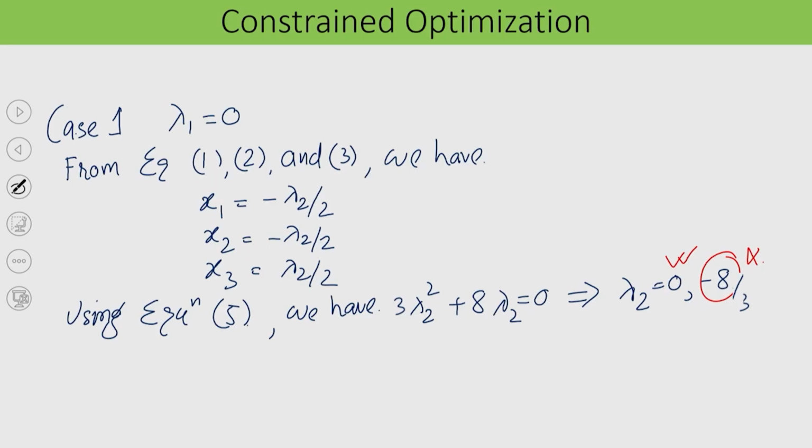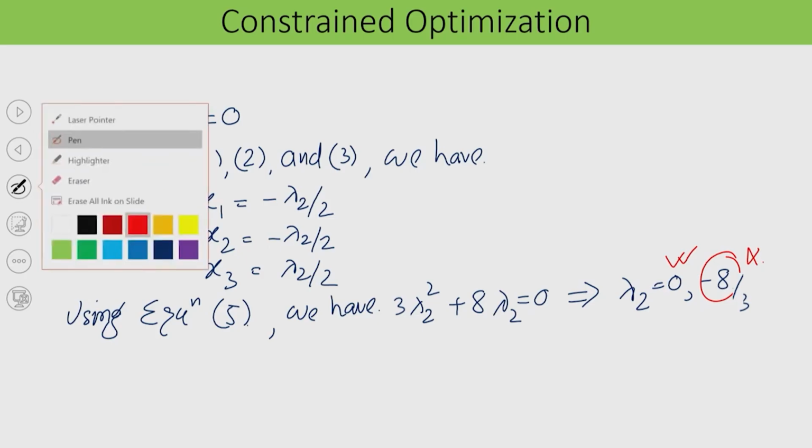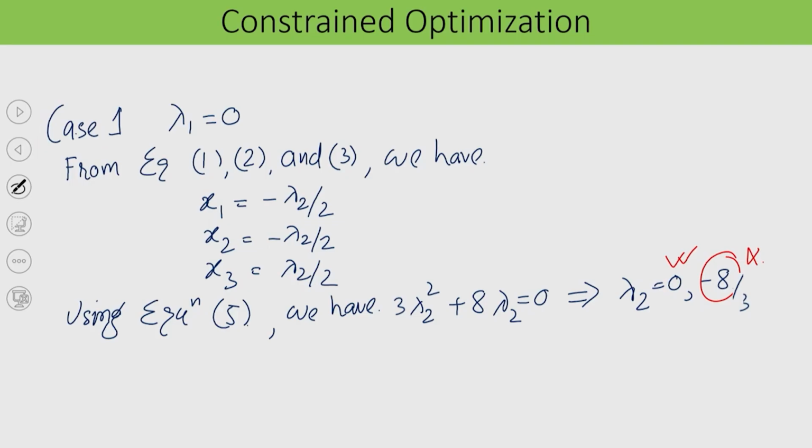So, if lambda 2 is equal to 0, then x 1 equal to 0, x 2 equal to 0, x 3 equal to 0.